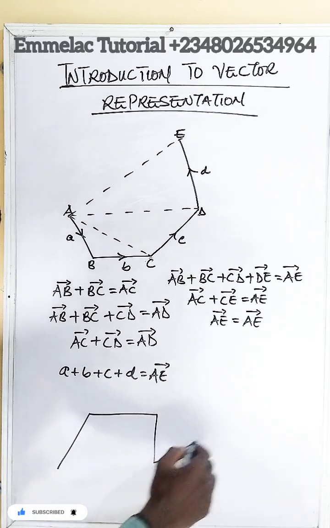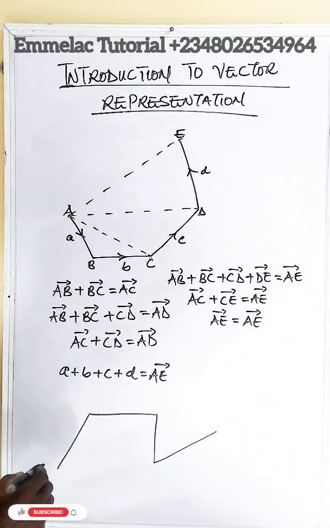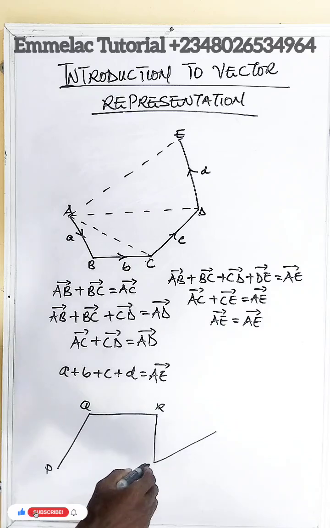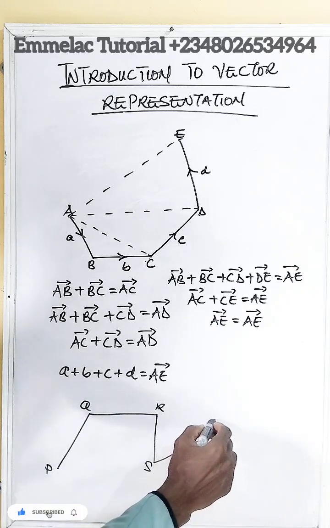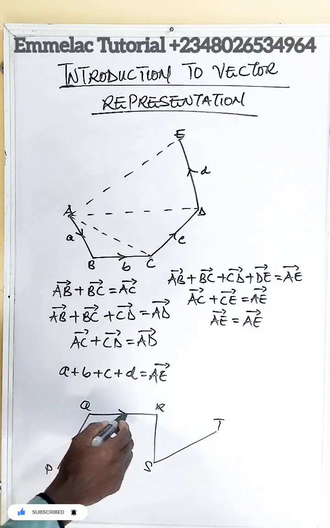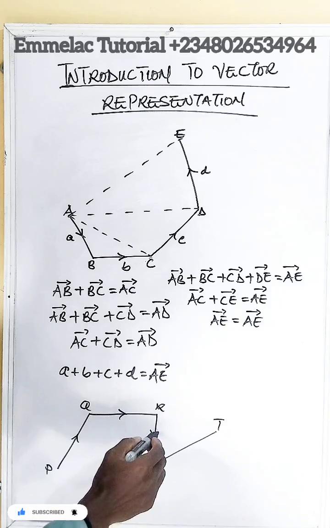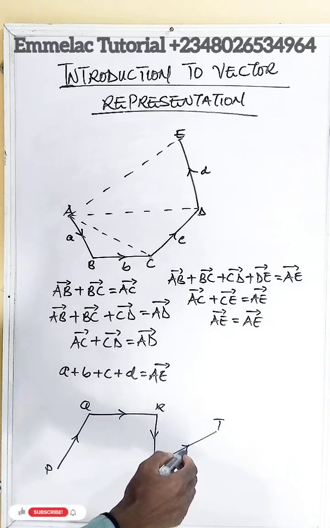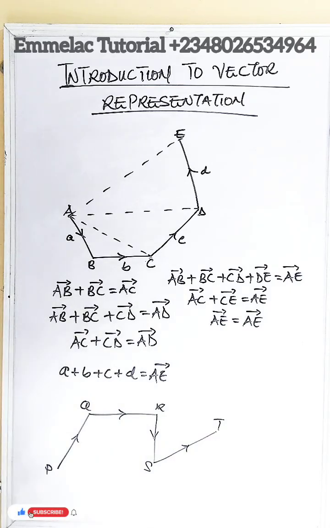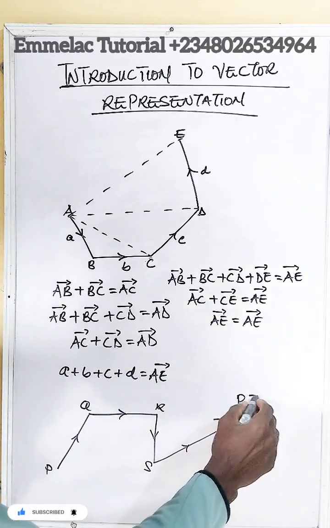Okay. All right, now if you are to probably make use of this, let me use this. Now here you are, let me see, P, Q, R, S, T. Now what do you think will be the resultant of this direction? Let me see, that is PT.